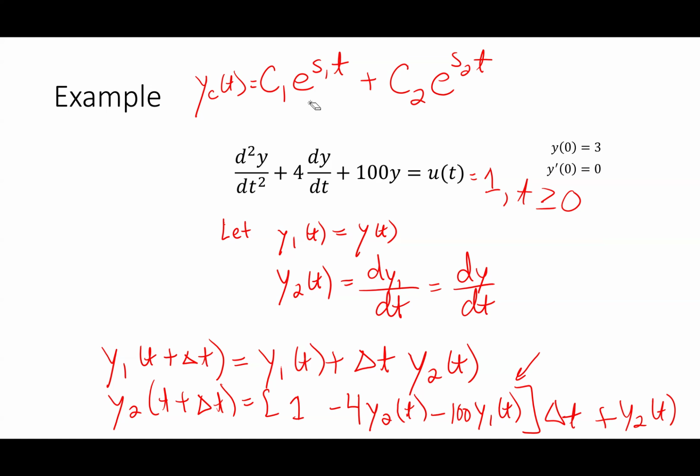What do we call it when those roots S1 and S2 are complex? Underdamped. Underdamped means that my transient response is a sine wave whose amplitude decays over time. So how do I determine which one it is: underdamped, overdamped, critically damped? Square roots of what?